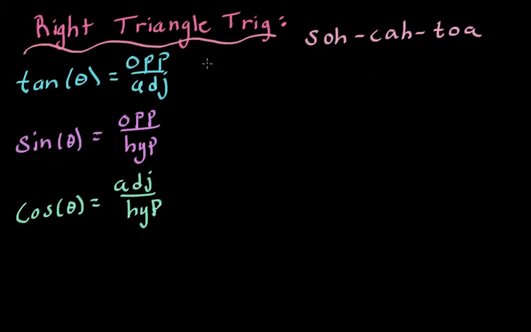So let's try an example now. Let me draw a right triangle as best as possible. Okay. So let's say we're given an angle, let's do 35 degrees.